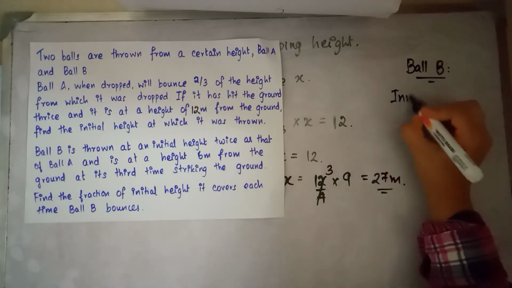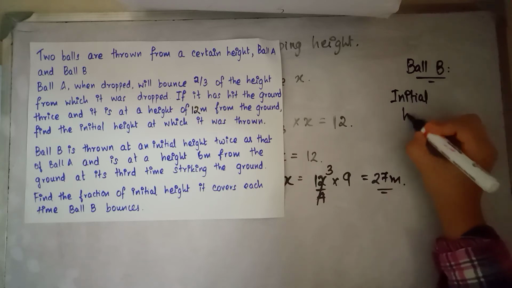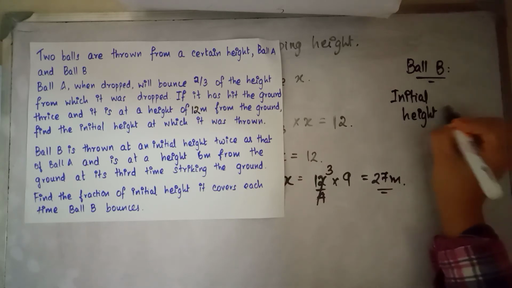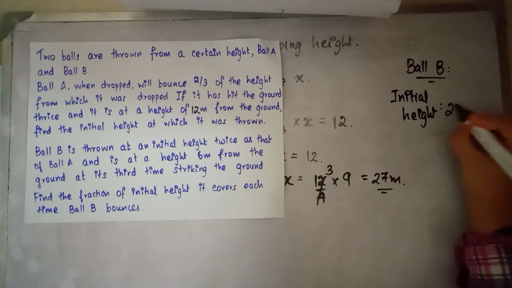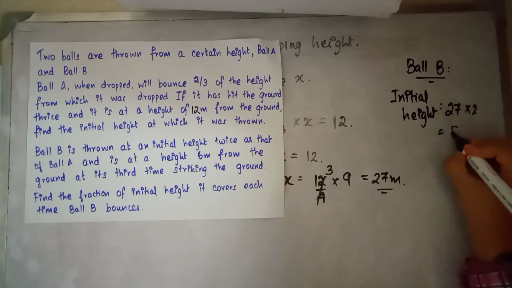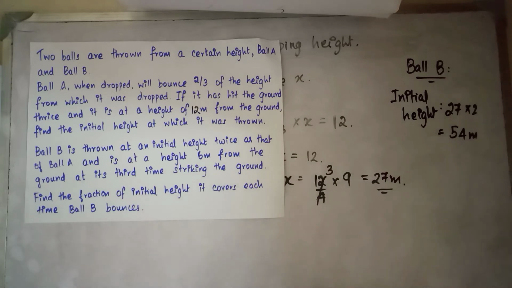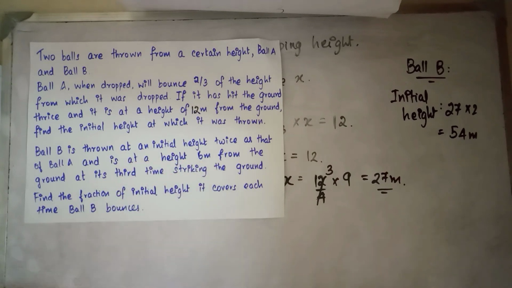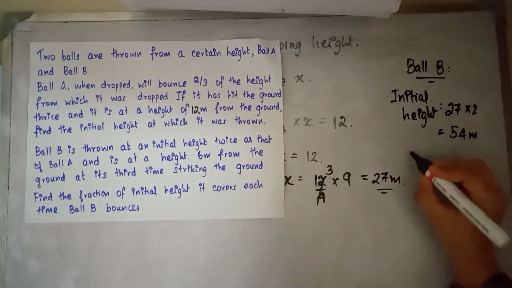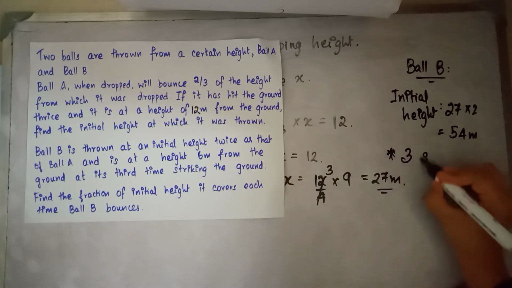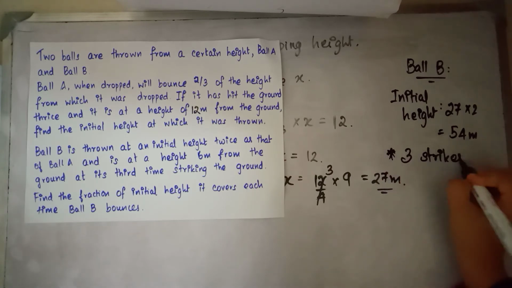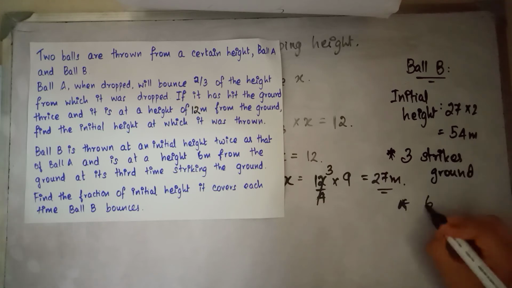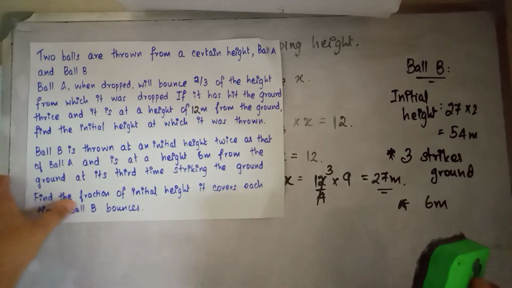So initial height is 27 into 2, and that is 54 meters. And it strikes the ground 3 times and is at a height of 6 meters from the ground.